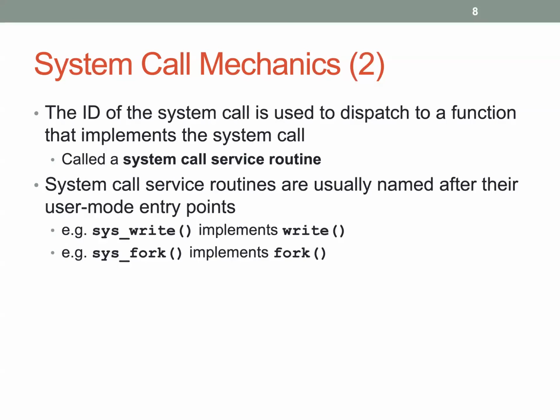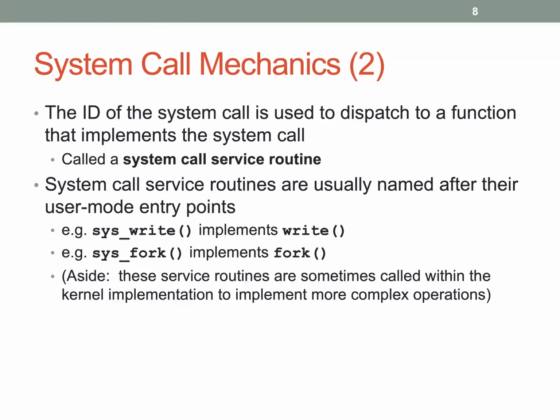The naming indicates that this is a service routine for a system call. The other thing that's really nice about this is if you have sys_this and sys_that, then you can invoke them from other operations when you need to perform more complex tasks that interact with the user mode program. So there's some really useful things that you can do with this kind of approach.